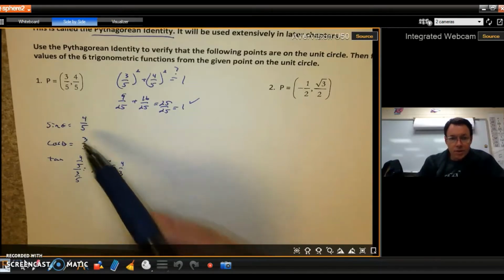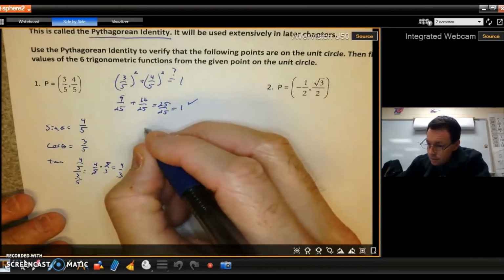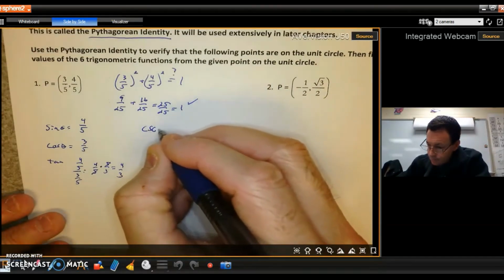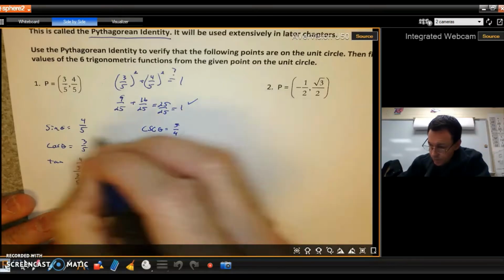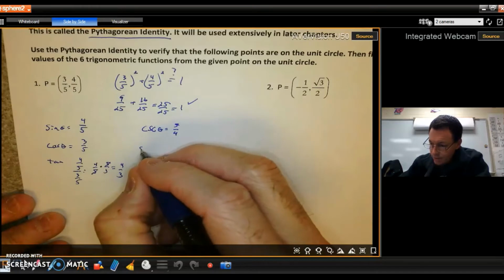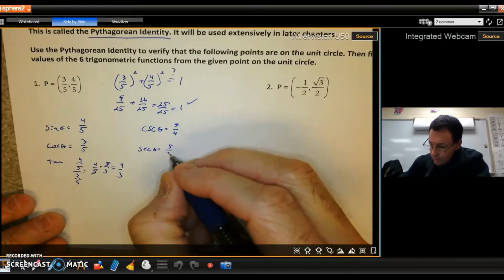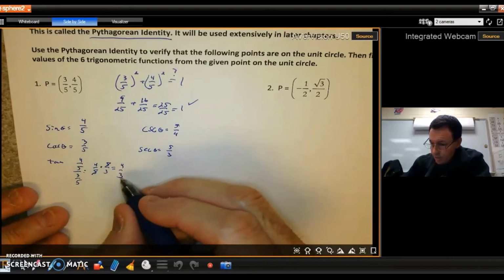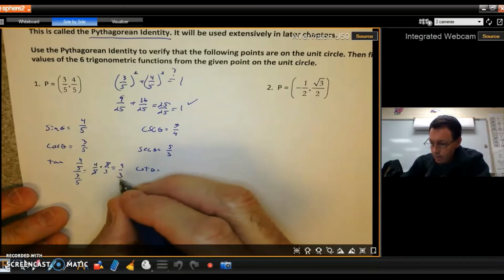So 4/3, that's your tangent value. The cosecant is going to be 5/4, so just the reciprocal of what we got over here. The secant is 5/3. And the cotangent is going to be 3/4.